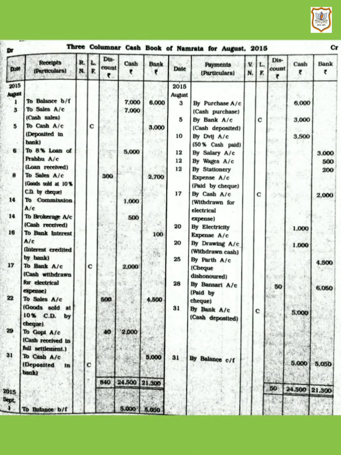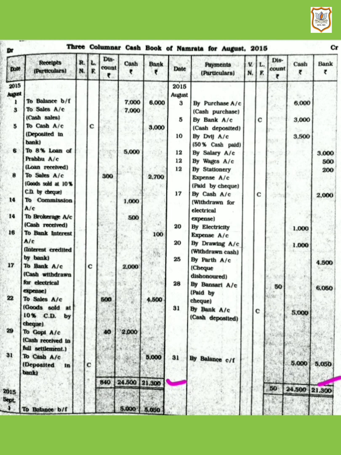Now we will find out the closing bank balance. So here the total of the bank column on the debit side is bigger, that is 21,300, and the bigger total will be written on both sides. 21,300 will be written here also, and 21,300 will be written here also.